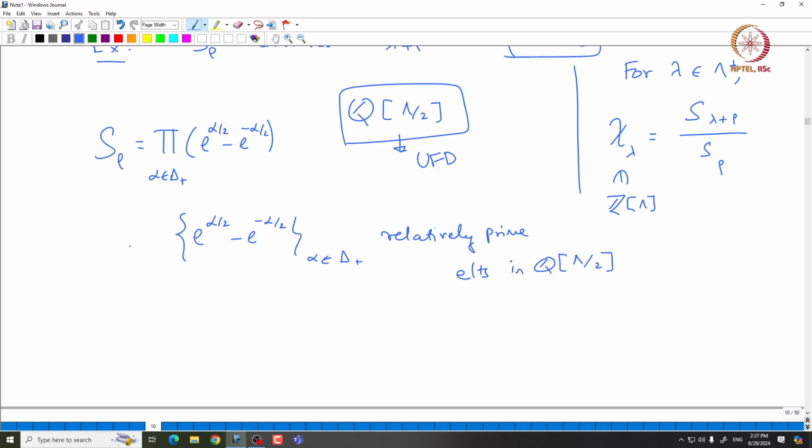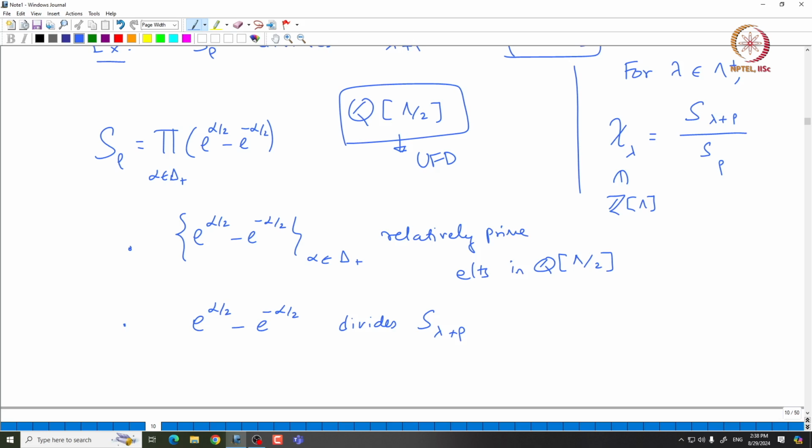And this is the first observation. The second observation is that e power alpha by 2 minus e power minus alpha by 2 indeed divides S lambda plus rho. That is something very easy to prove, not very hard. So, that tells us that the product of e power alpha by 2 minus e power minus alpha by 2 must divide S lambda plus rho.